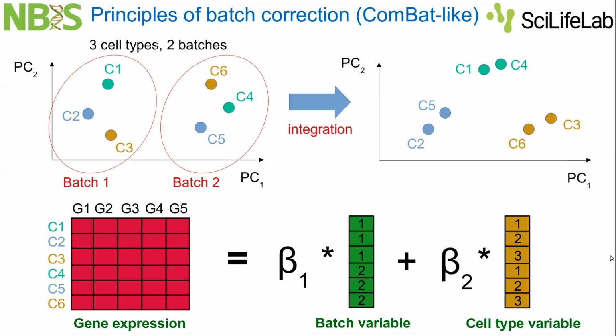The goal of this modeling is to get rid of the batch variable. So we want to do some sort of transformation with our data that brings this coefficient, the prefactor beta, to 0. And we want to actually keep the second variable, because this is our variable of interest.